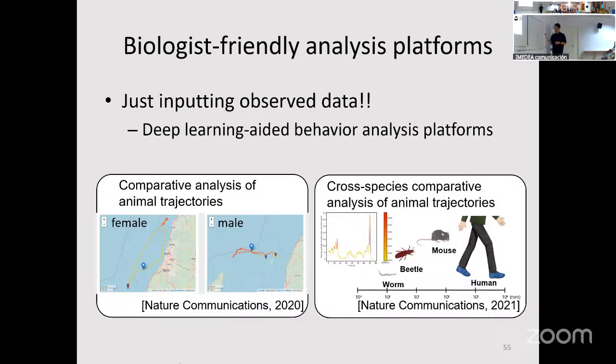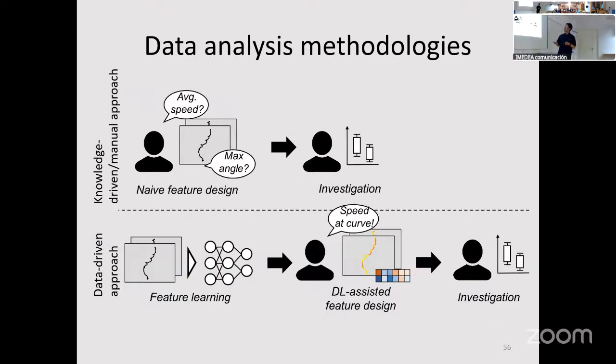Recently, we can collect a lot of data from animals because of the advance in biologging technologies. But it is almost impossible to analyze it manually one by one.